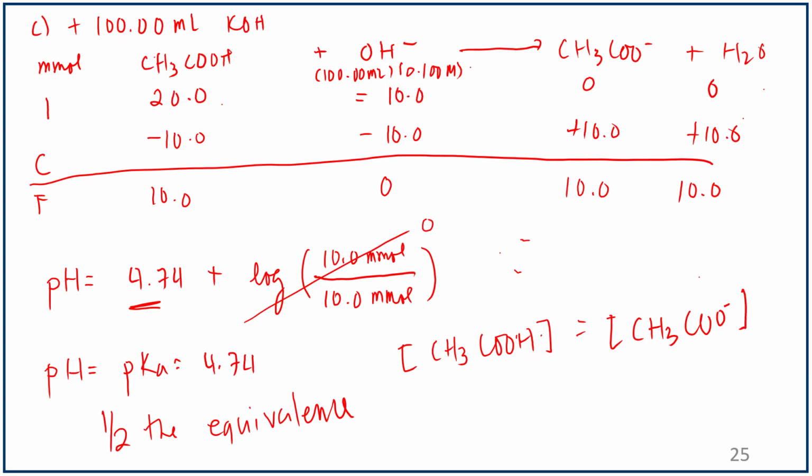Okay, let's go next to letter D. What if we have a total of 150.00 ml of KOH added? For this one, again, the KOH will still consume acetic acid. So another ICF table, the same thing actually. So millimoles and then CH3COOH.